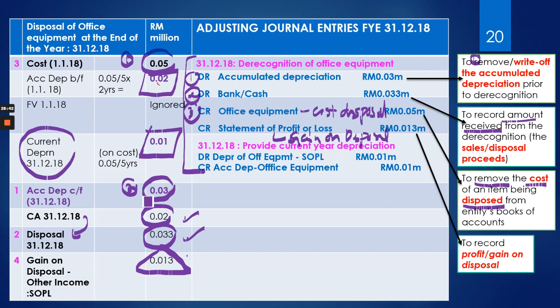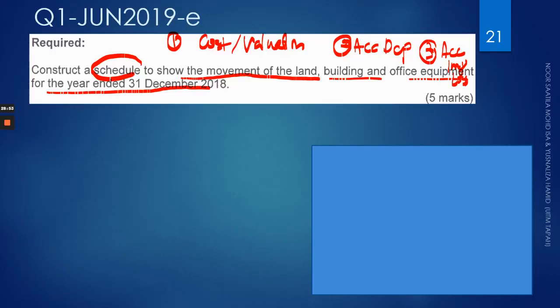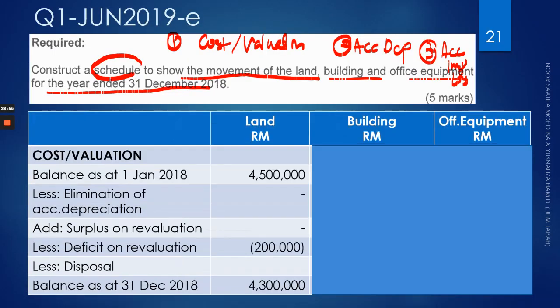However, the current depreciation must still be recorded before the disposal because this question used a monthly basis. So you can check it out. And that will be reflected here. This is the balance of the land. This is a deficit. Deficit, remember, I told you, you need to go and deduct.